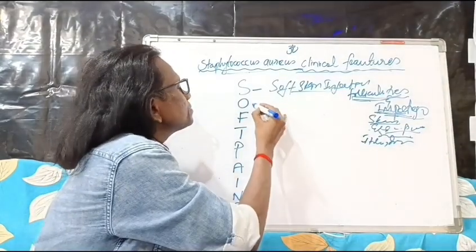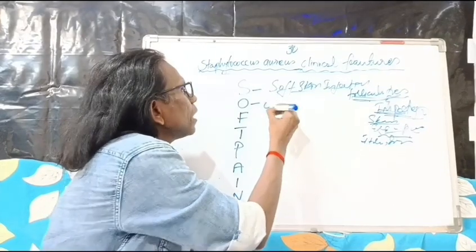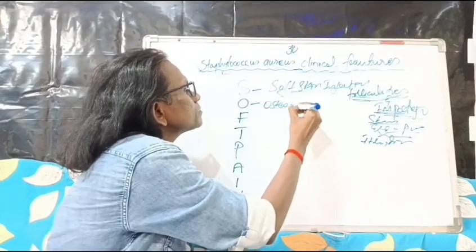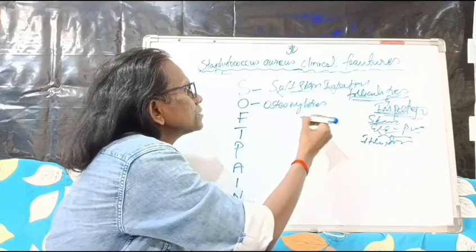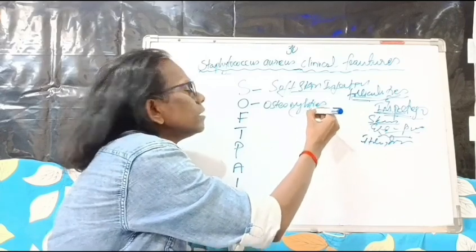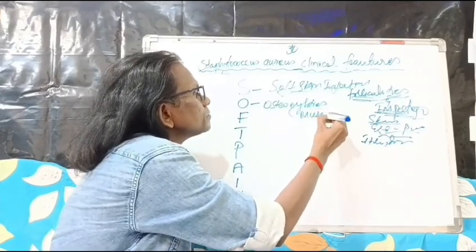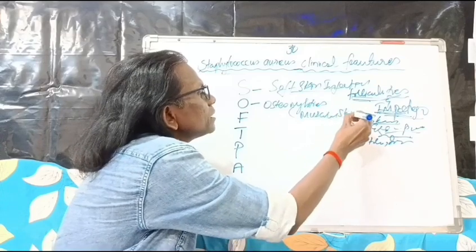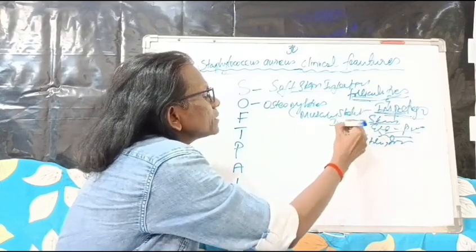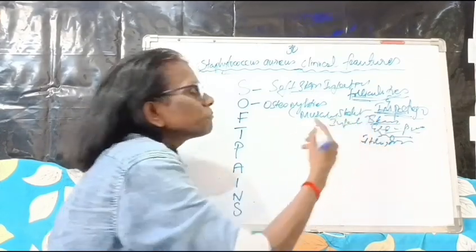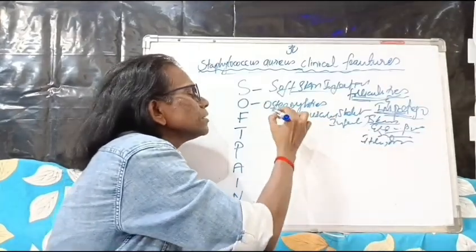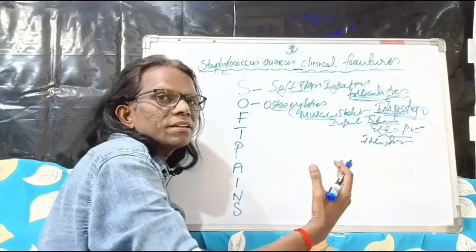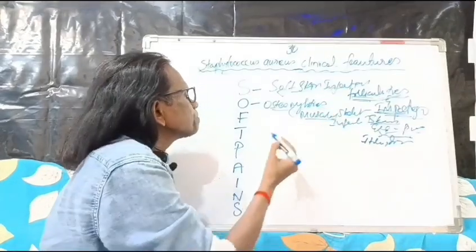And the next one, O stands for osteomyelitis. It's nothing but musculoskeletal infections. So the patients or the persons who are infected with this disease feel muscular pain or musculoskeletal pain.